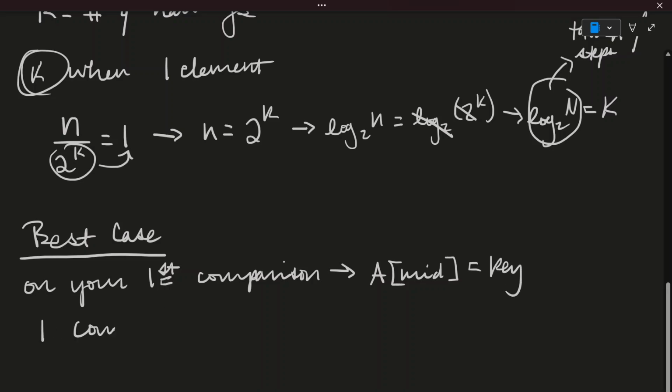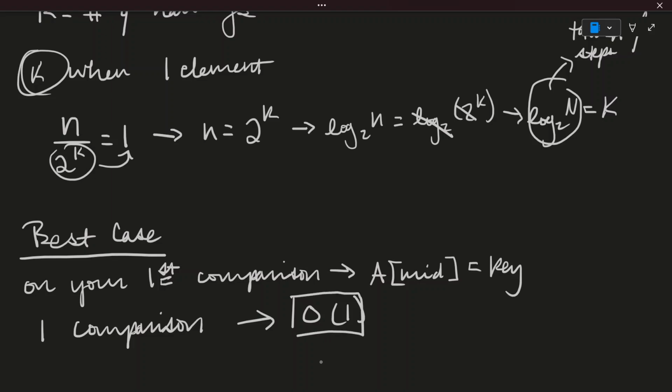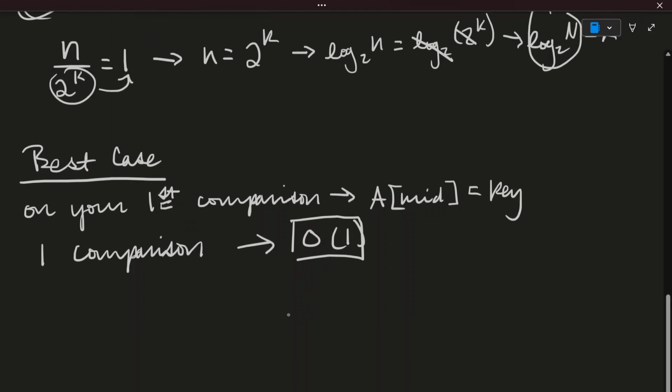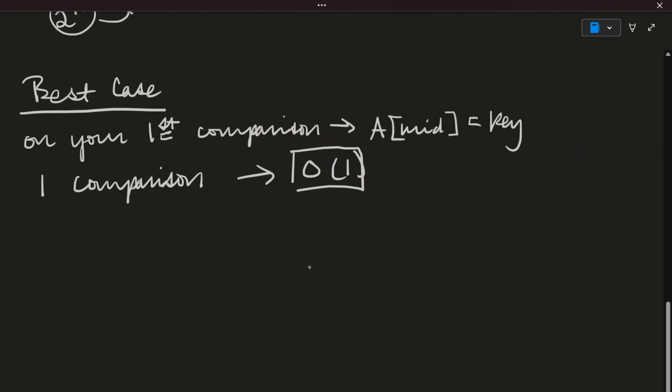That's one comparison. So the time complexity is O of 1. It's constant. You only had to do one step. You didn't have to go log of n steps to find it, so that's why it's this time complexity.